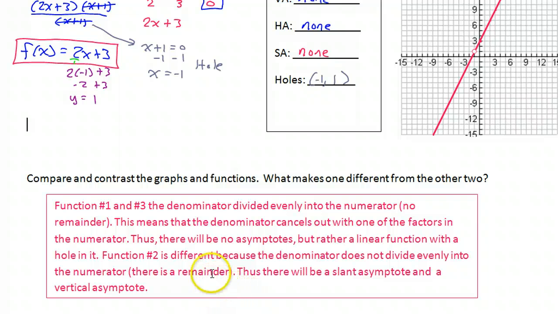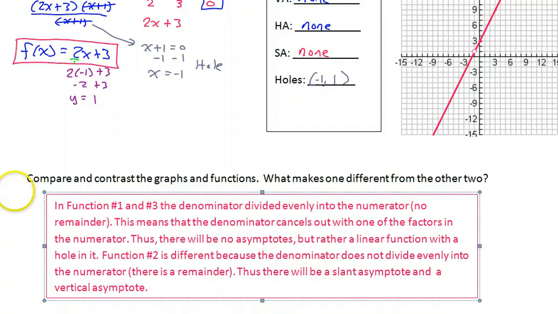Here I just wrote up what I just said. I'll just read it to you. In function number 1 and function number 3, the denominator divided evenly into the numerator, no remainder. This means that the denominator cancels out with one of the factors in the numerator. Thus, there will be no asymptotes, but rather a linear function with a hole in it.